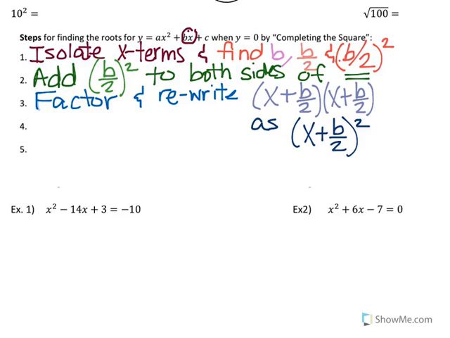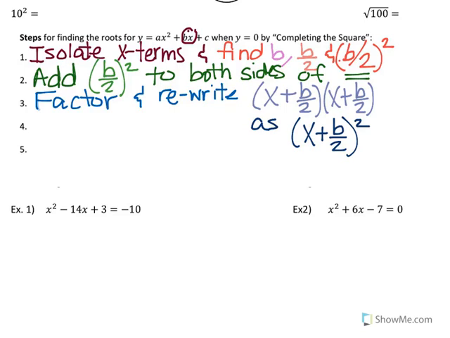Now, this might look like gibberish at first, but the reason that in step 1 we found not only b, but b over 2 and b over 2 squared is because we had to use the b over 2 squared term to add to both sides, and then we used the b over 2 term to factor.